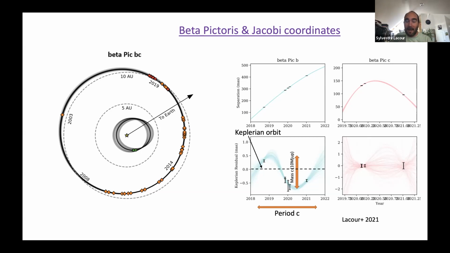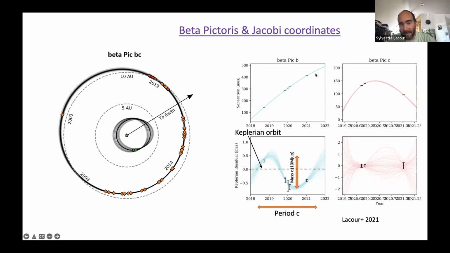And actually that's possible. So in this panel here, you have the trajectory of beta Pictoris B. So the measurements we've done with GRAVITY, which are this red point here. So that's the system seen face on.